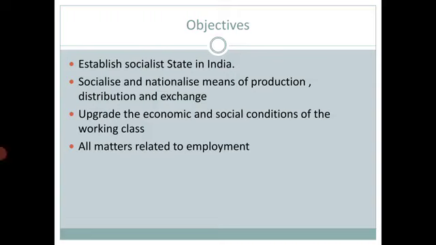So the first objective of AITUC, that is All India Trade Union Congress, was to establish a socialist state in India. Then the second objective was to socialize and nationalize means of production, distribution and exchange.